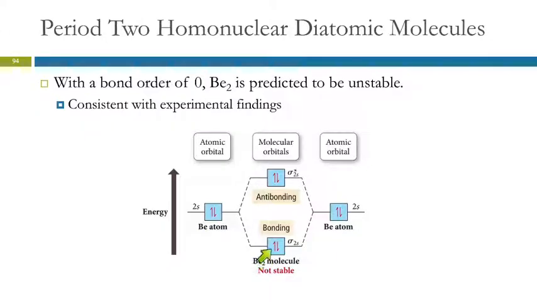And so we put them in 1, 2, 3, 4. So we fill the lower energy orbitals first and then the higher energy orbitals. The bond order for this is 0 because you have an equal number in the bonding and the anti-bonding orbitals. So 2 minus 2 is 0, divided by 2 is 0. So this is predicted to be unstable, and it is.